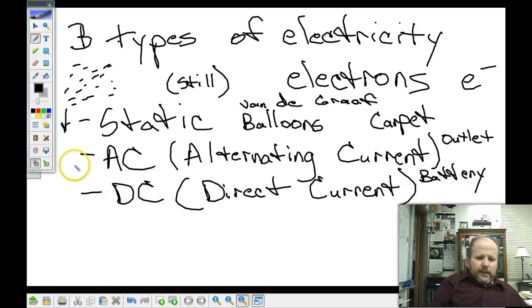Now, alternating literally means that the electrons are alternating their direction. They are going back and forth. Somewhere nearby, there is a power plant that is probably burning coal, making steam. That steam is then turning a turbine, which is attached to a magnet inside a coil of wire, and that magnet turning inside of a coil of wire is causing the electrons in that wire to move back and forth.